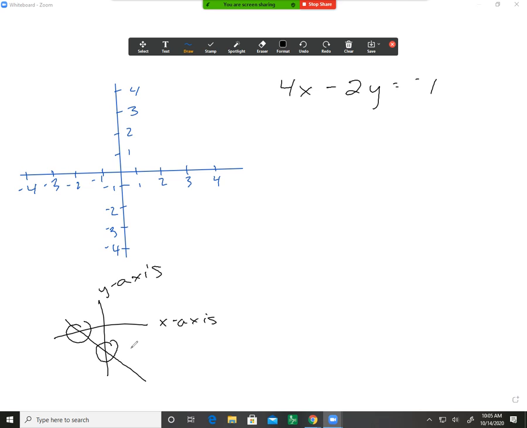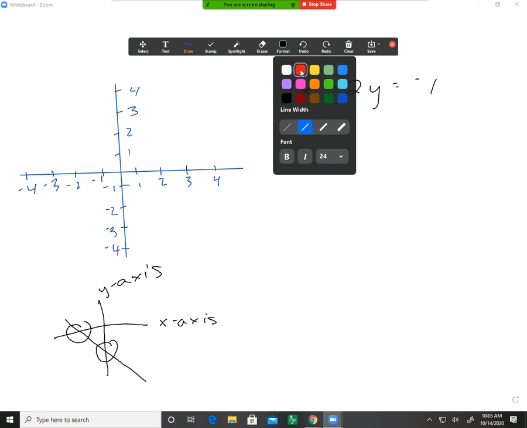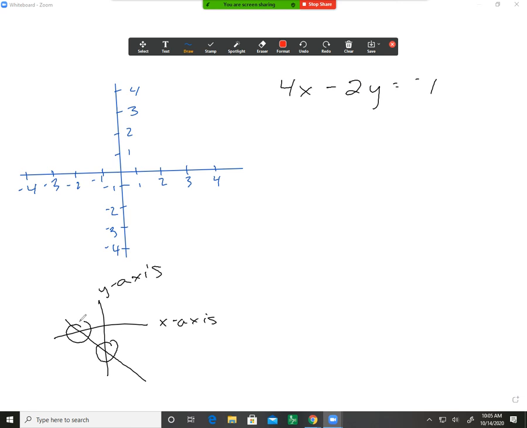Not too crazy. But there's a certain little piece that we need to understand in order to use this to graph. If we look at our x-intercept, what do we know about our y value at that point? It's 0, right? The x might be negative, but if we drew this line, our x is positive. But our y value is still 0. So our x-intercept is always on the x-axis.